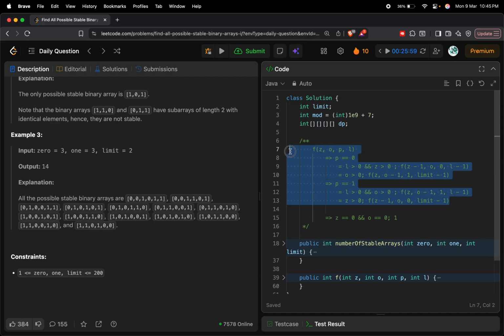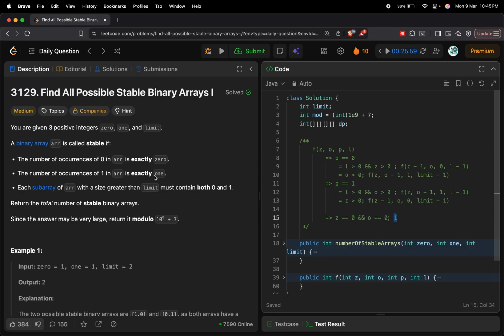Then let's also look at our recursion base case. If the number of zeros is 0 and the number of ones is also 0, then I will consider this as 1, because I have placed all zeros and all ones in the array. So this will be considered as one valid binary stable array.